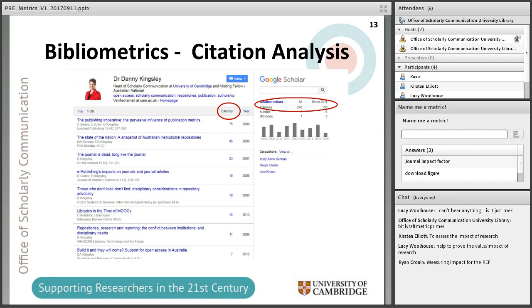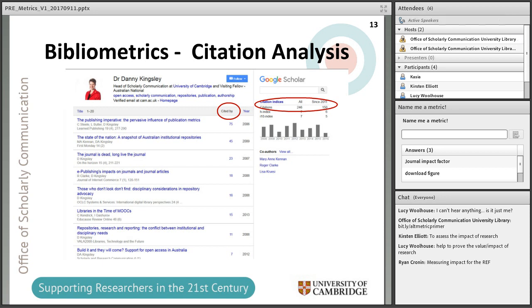Now, there are different ways you might look at citation scores. You might also do it on things like Scopus or Web of Science, and that's fine, and it'll probably give you a really different number. Certainly if I look at my own citation scores on Google Scholar and compare them to Web of Science, Web of Science is always a lot lower, and that's because they're counting citations from different sources.